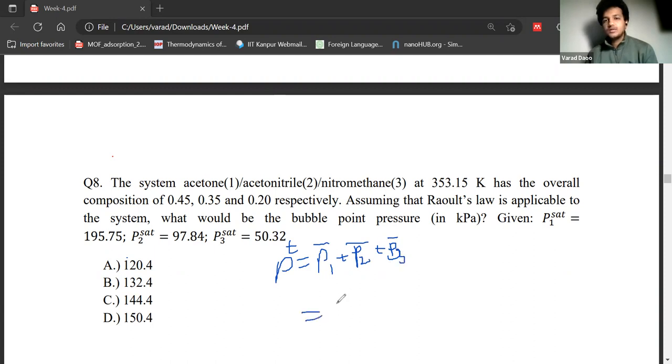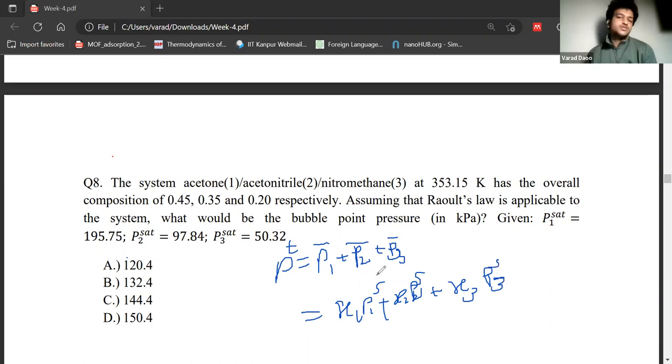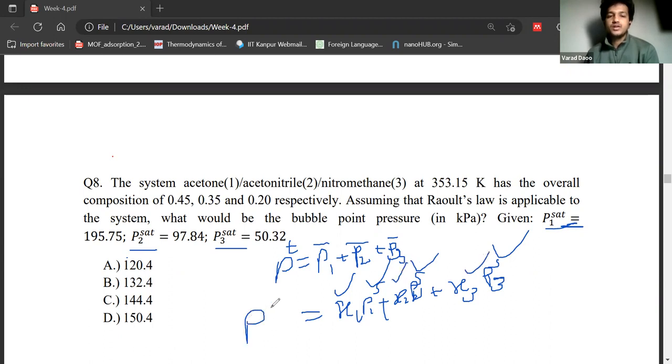This is x1 P1S plus x2 P2S plus x3 P3S, where S stands for saturation pressure. So P1S, P2S, P3S have been given, so this is known, this is known, this is known. Composition has always been given. So you just substitute the values and you will get total pressure.